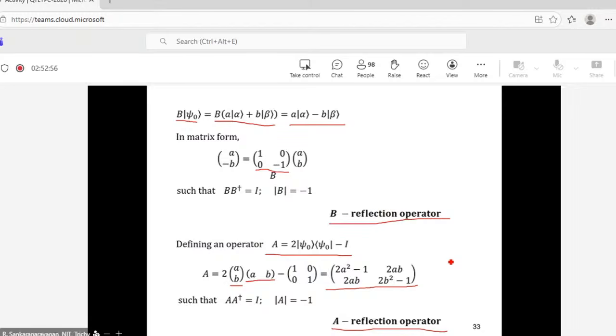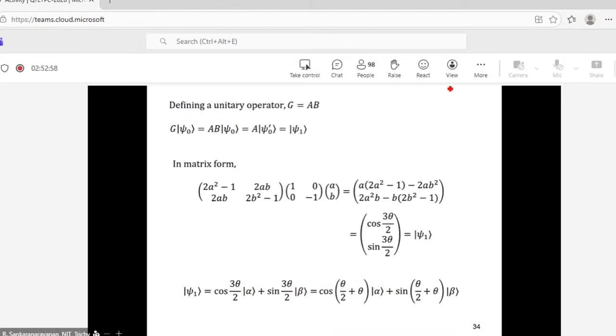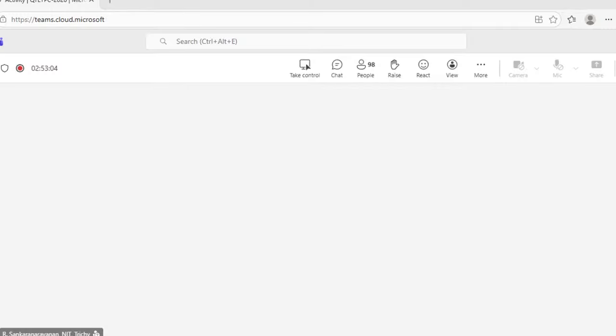Using these two operators, you are going to define another operator called G, which is the multiplication of the two. If the initial state is psi 0, you are going to apply this AB on that. First B is operating on psi 0, that gives you psi 0 prime. Then A is operating on psi 0 prime, that will give you psi 1.